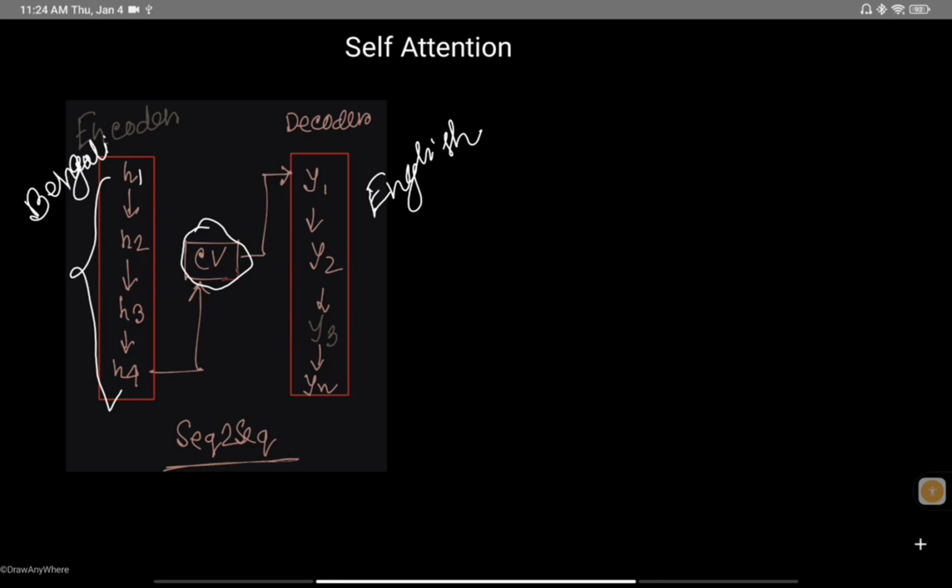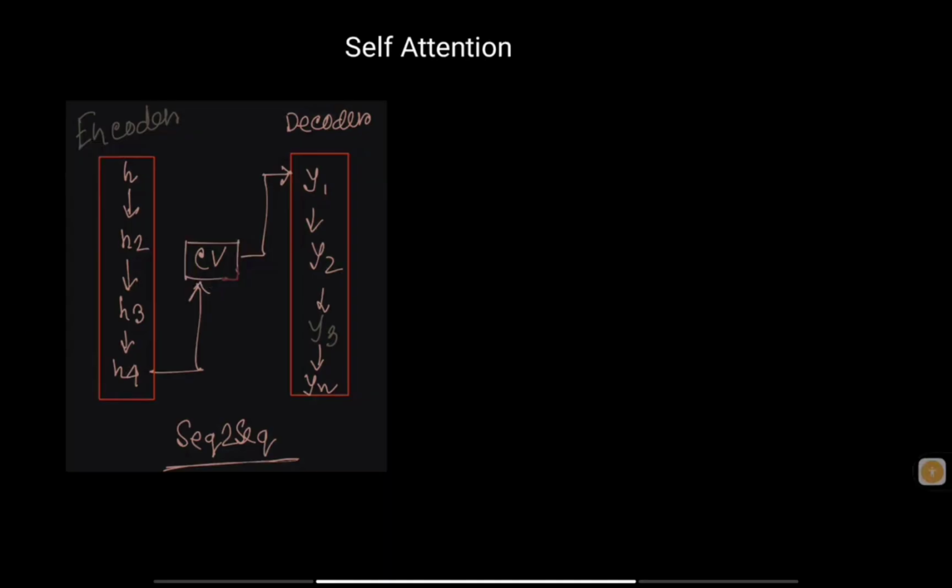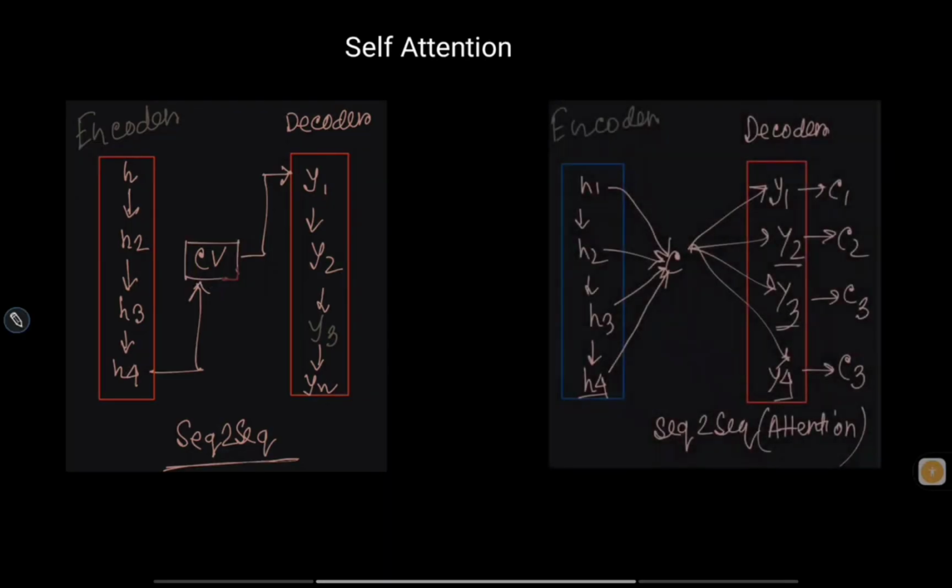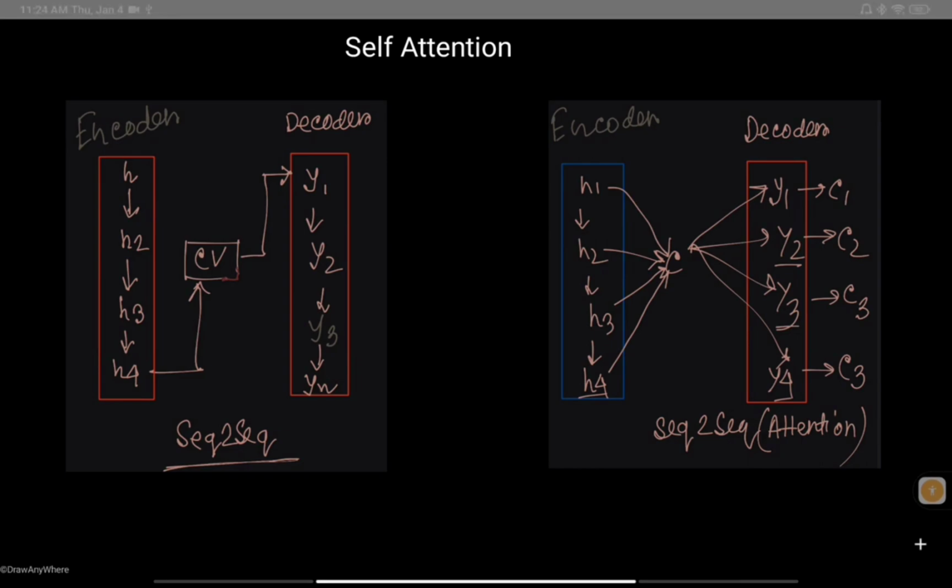Now to tackle this, we can make a few changes in this architecture. Instead of only depending on the h4, we will also make available all the other states from the encoder side for the context vector, right? Along with that we will also calculate an attention score.